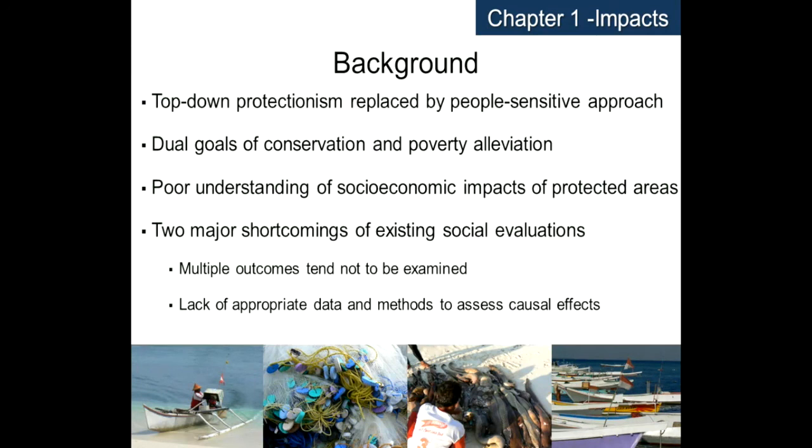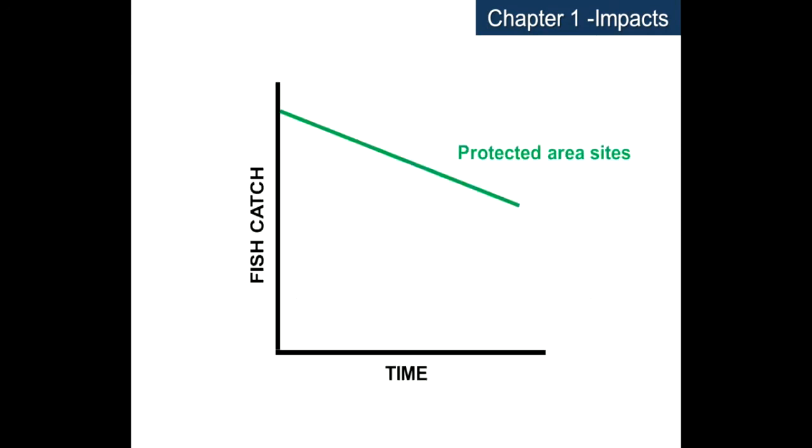So just to illustrate this point, this is a data-free graph, but it's based on an evaluation from Raja Ampat, Indonesia. If this evaluation had just looked at what was happening in protected area sites, which is a common approach, looking at poverty trends in protected area sites over time, they would have concluded that, in fact, these protected areas were having a negative effect on fish catch.